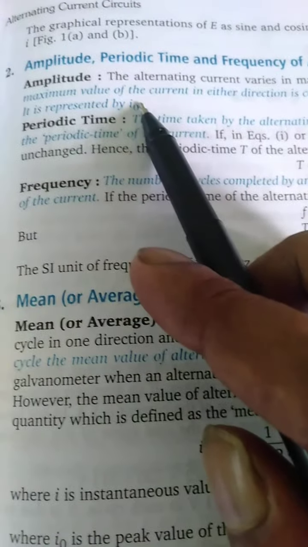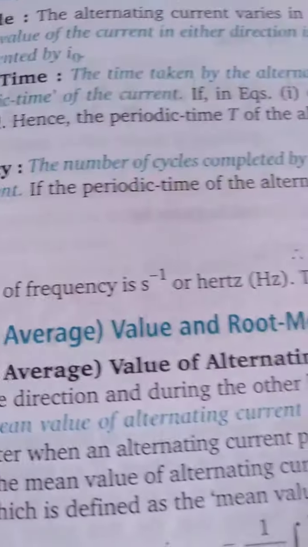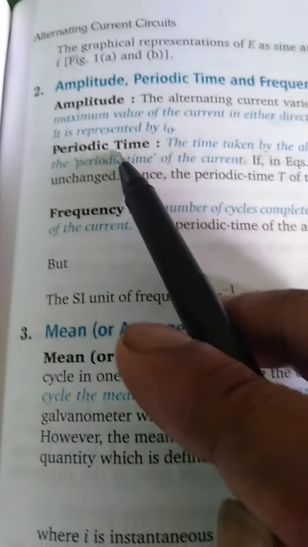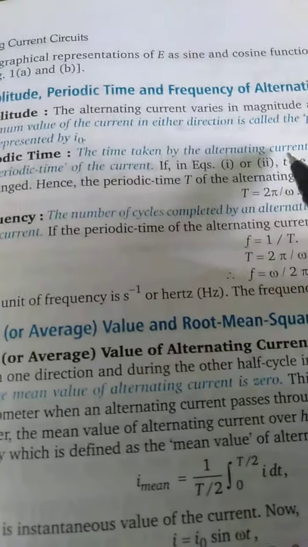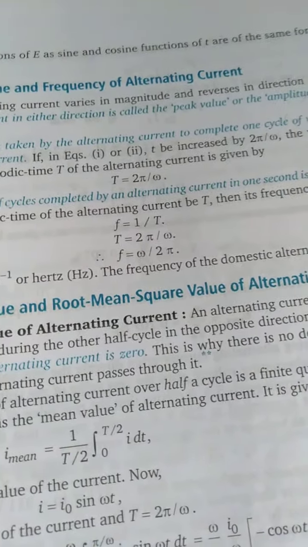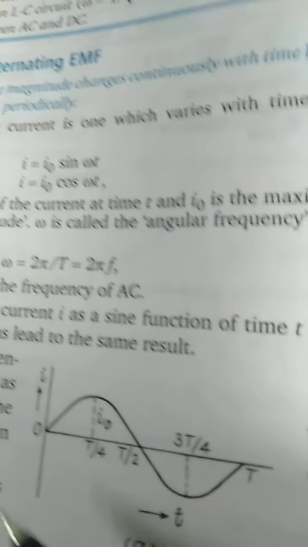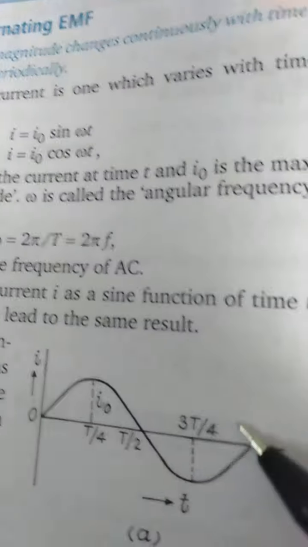What is written here? The maximum value of AC in either direction, either positive or negative, is called the peak value or the amplitude. Periodic time: the time taken by alternating current to complete one cycle, to complete one graph, is called T or time period.